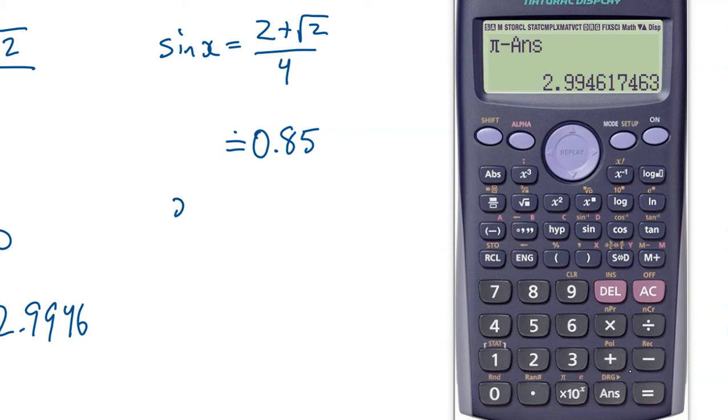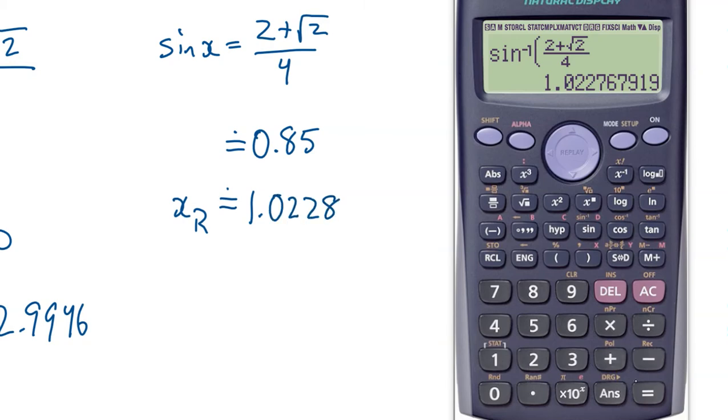Okay, and then again, x related equals shift sine to plus root 2 over 4. And they're both positive, so they're both quadrants 1 and 2.